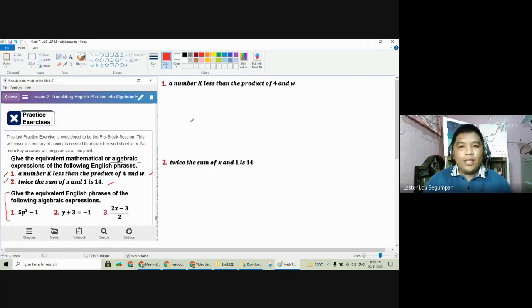The technique in translating English phrases into algebraic expressions is to understand the keywords that determine the operation. And then from that, let's analyze further which operation should be the first one to be considered, or vice versa. Let's talk about number one.